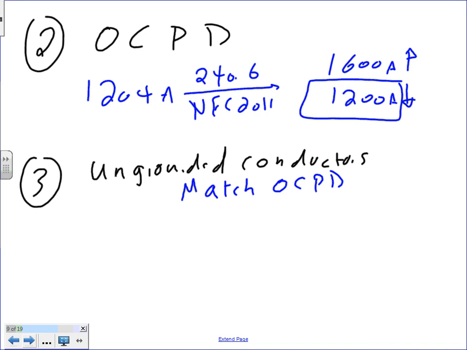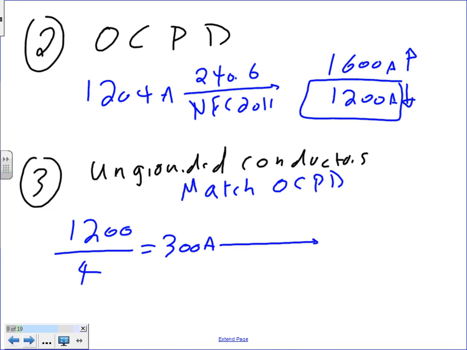Okay, so now you're going to start to think like a designer. Ungrounded conductor matching the overcurrent protection device. That's a piece of cake. I have 1200 amp, I'm going to match it. I need to run 4 runs. I can't carry 1200 amp with one conductor unless you use bus duct. If you do that, you have 300 amp per run. Take it to 310.15(B)(16) under the 75-degree column. How many conductors are you going to get?